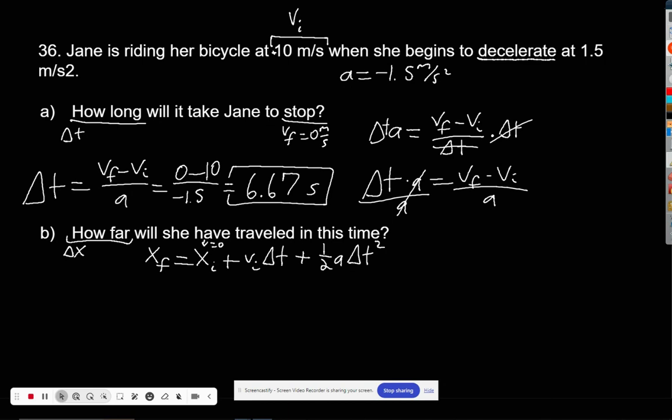Then I can just say that my final position will be my displacement. But rather than make that assumption, we could just subtract xi from both sides. If I did that, I would get xf minus xi on the left side is equal to all that other stuff.